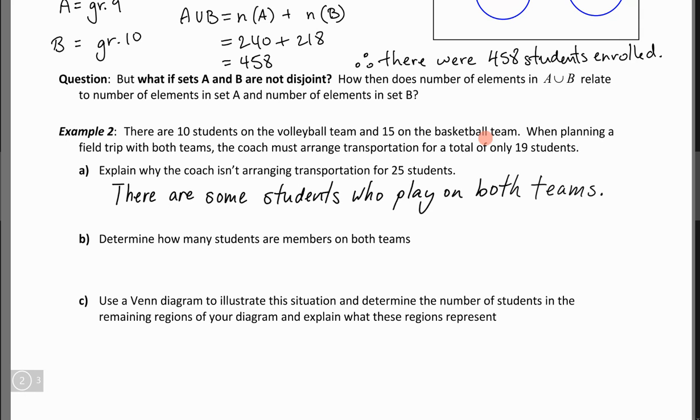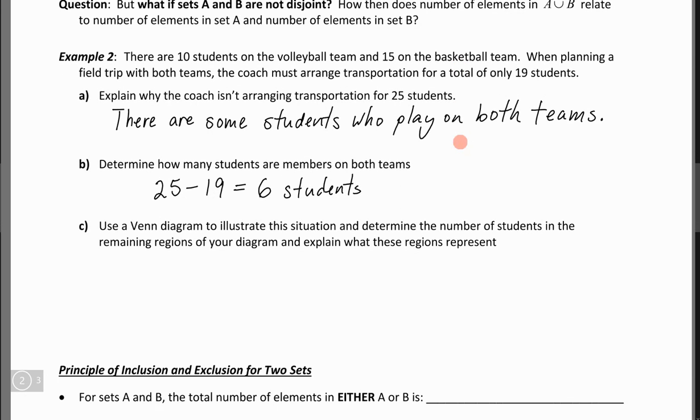We determine how many student members are on both teams. If you have a total of 25 students, but you're transporting 19 students, then if we subtract the difference, that means 6 students must be playing on both teams.